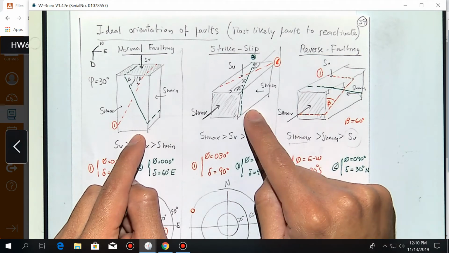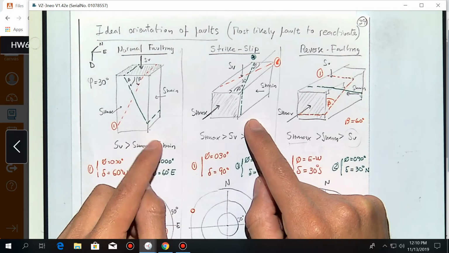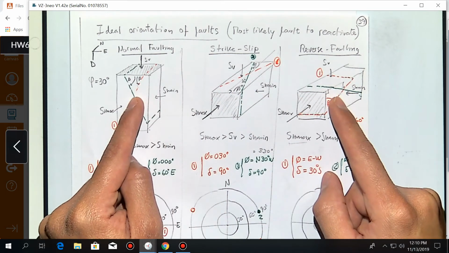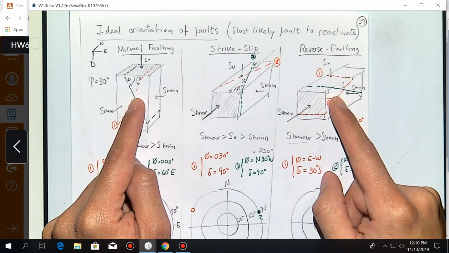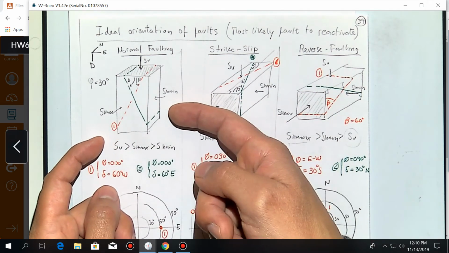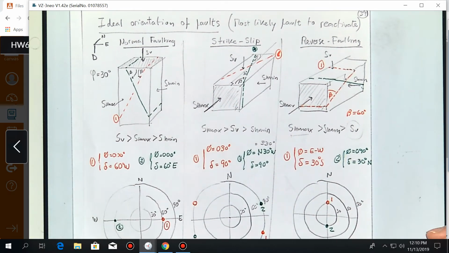And a strike slip fault is going to have 90 degrees of dip, and it's going to have a strike which is not the same, while in the other two it is the same. And remember that this example is for SH mean acting in the east-west direction. That might change. Okay, so these are the ideal conditions.